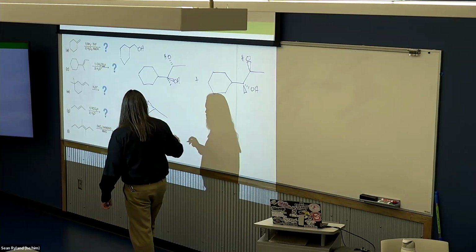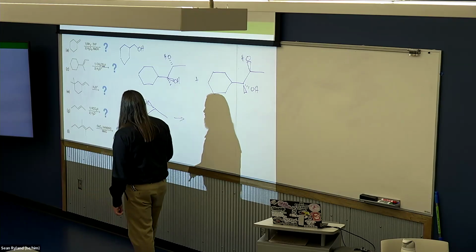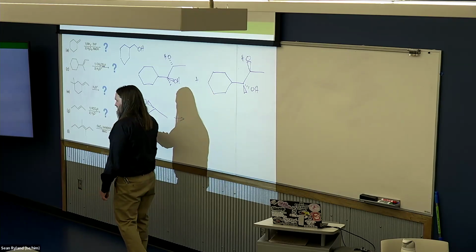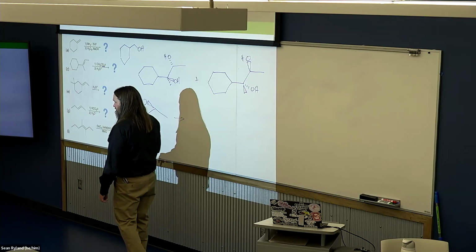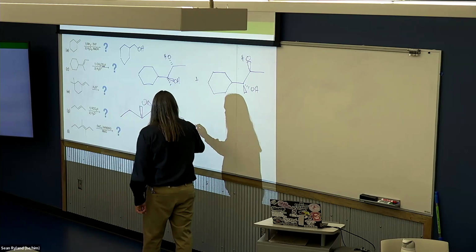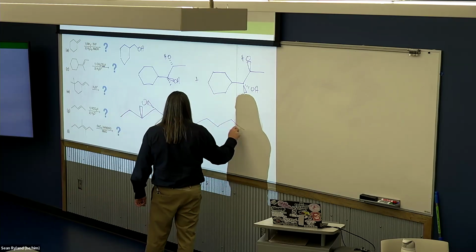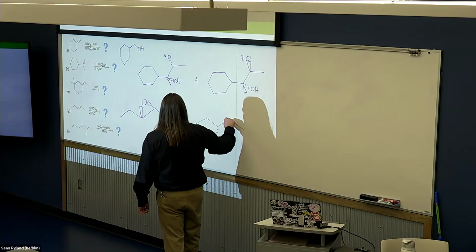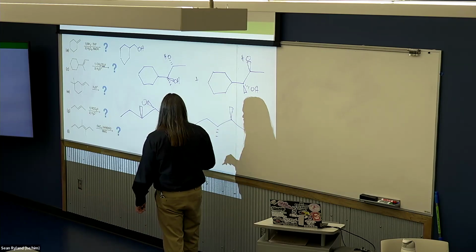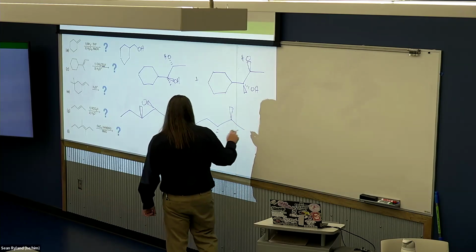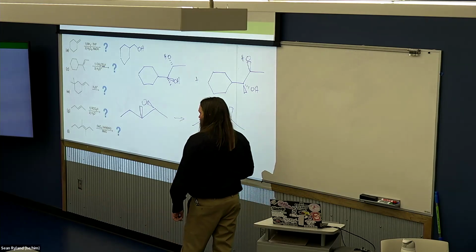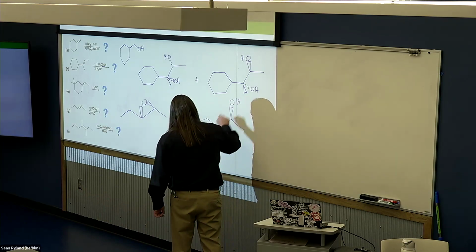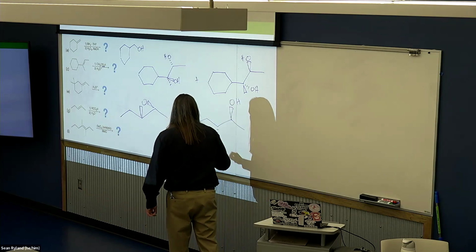And then step 2, the hydroxide oxygen comes in from the other side and breaks this. So we're still going to pay attention to what stereoisomers we're forming. We're going to get that plus the enantiomer. Sorry, OH. OH.